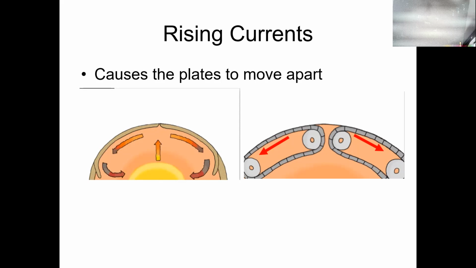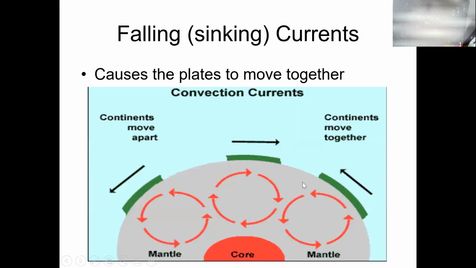So we talked about plates, they move around, they bump into each other, they make mountains, they pull apart, they cause earthquakes. But one thing that can happen is when the convection currents are rising like this, the conveyor belt is going to pull the plates apart. We can do the opposite when we have these convection currents right here where they're coming together and sinking. That's going to cause the plates to come together.